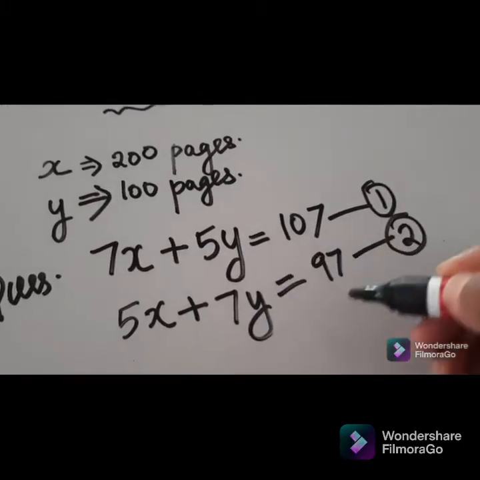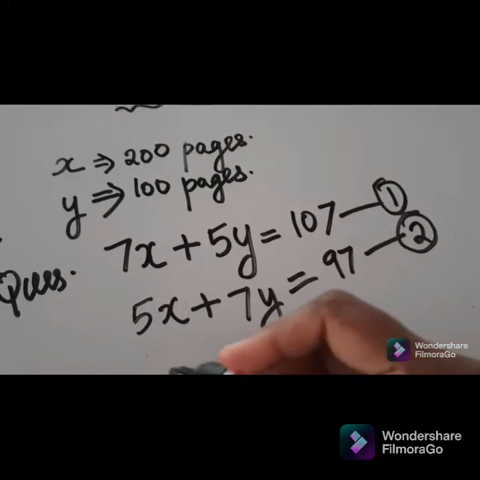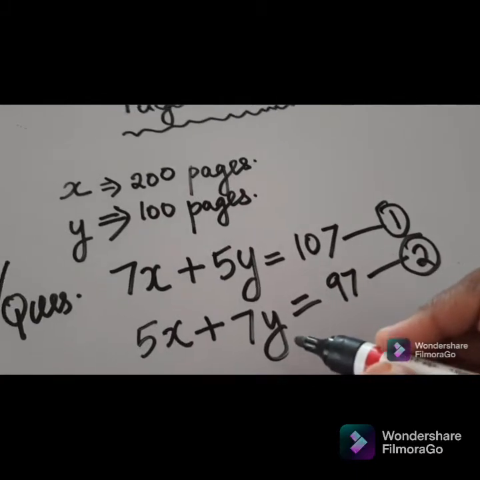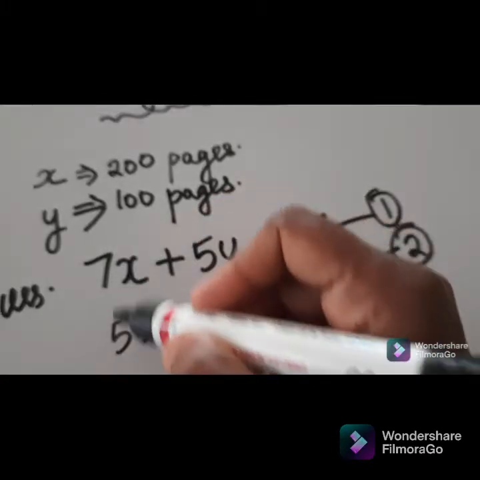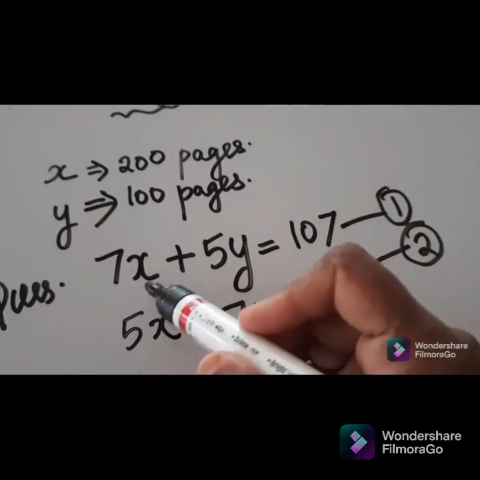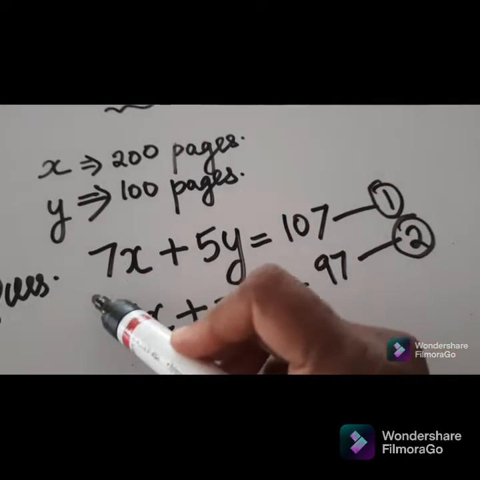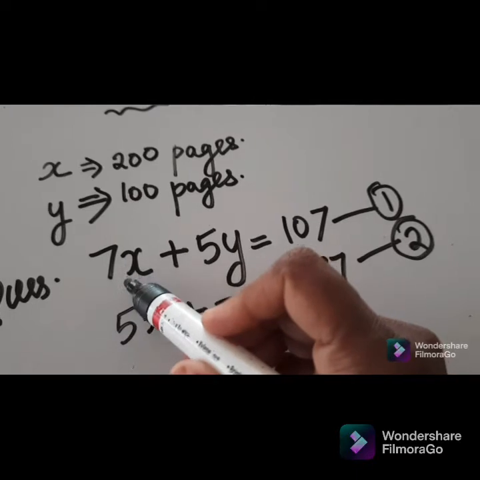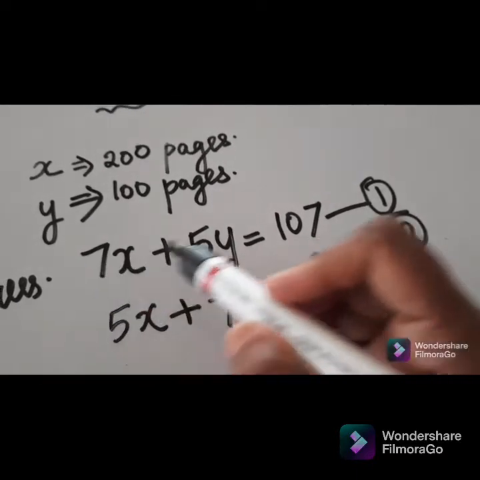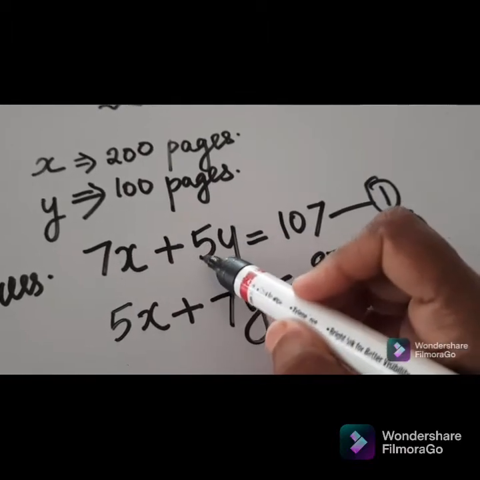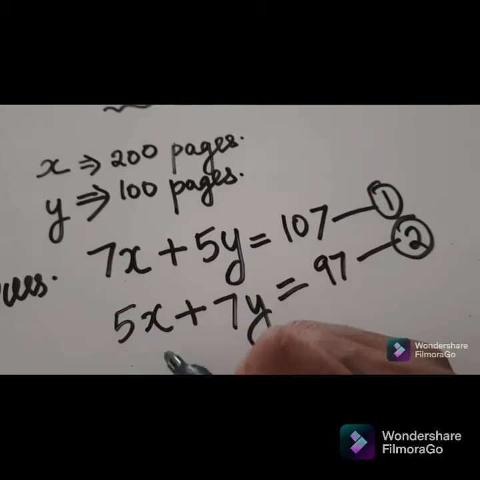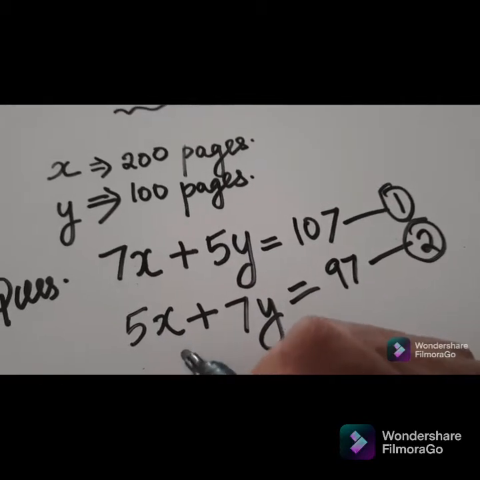This type is new for your class. So for solving this, we have to make the coefficients the same. Do you know what a coefficient is? Coefficient means the number with X. The coefficient of 7x means the coefficient of X is 7, and the coefficient of Y is 5.